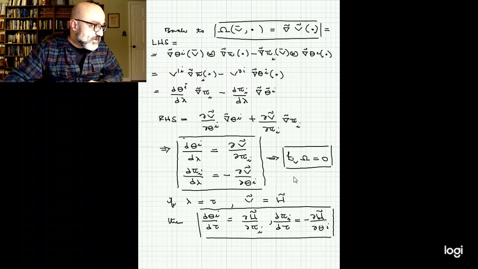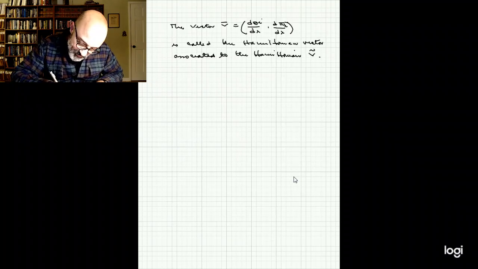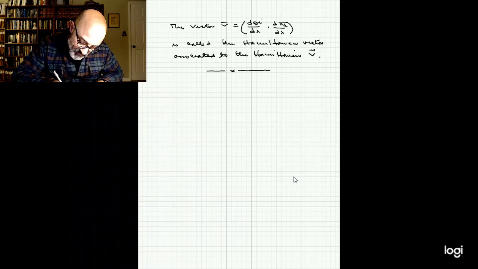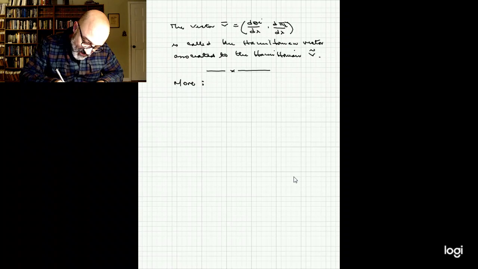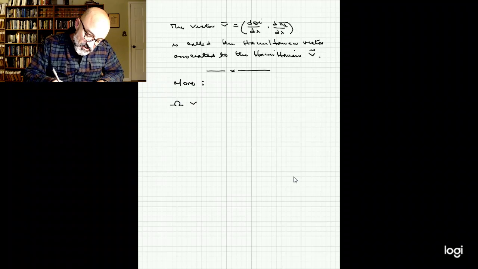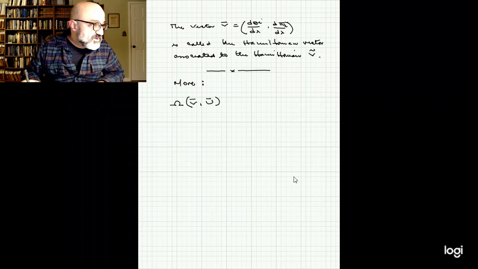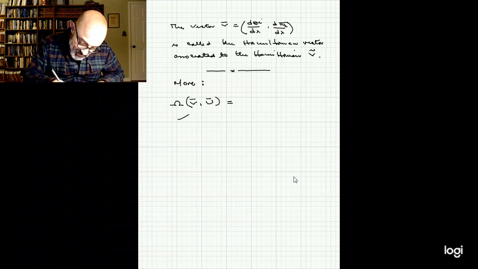Very good. We can do a couple more things that are very interesting. Suppose that I were to compute the action of the symplectic form on two Hamiltonian vectors. So what I mean here is I just apply it on two vectors, where v is d/d lambda and u is d/d mu.